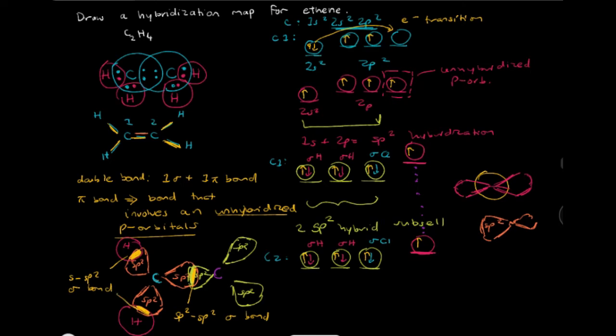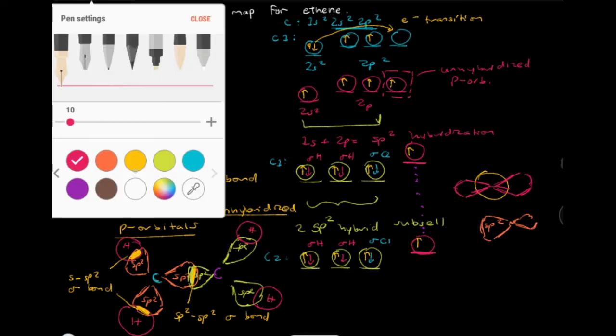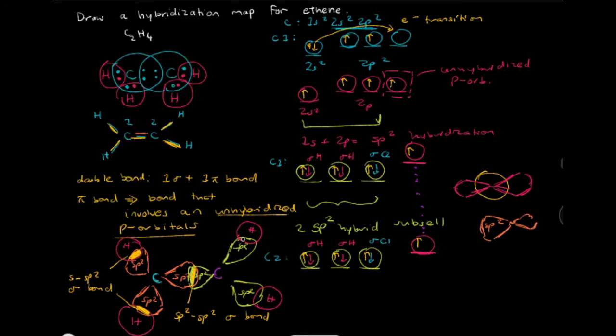And you would see the same thing here as well, with hydrogen, hydrogen. So you'll still see the s to sp2 sigma, so you can kind of relate that there. They mean the same thing.